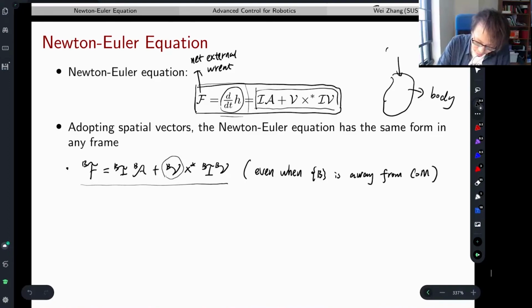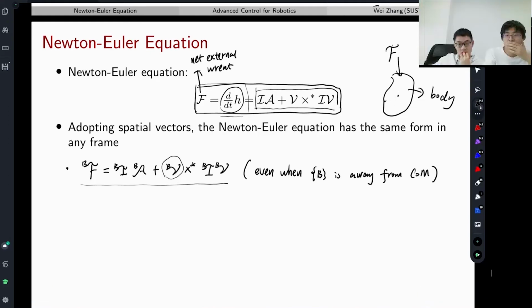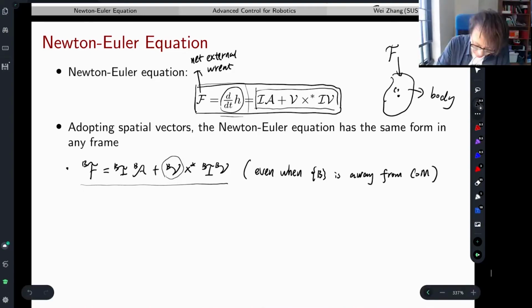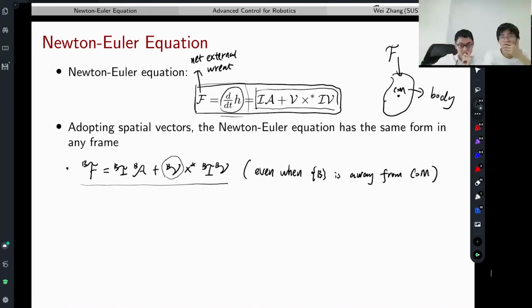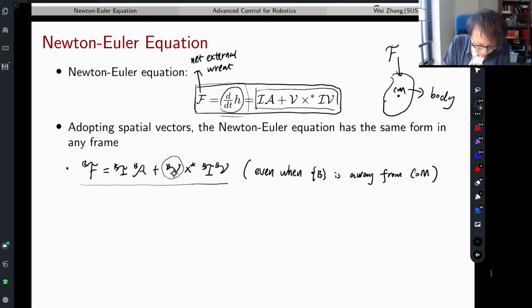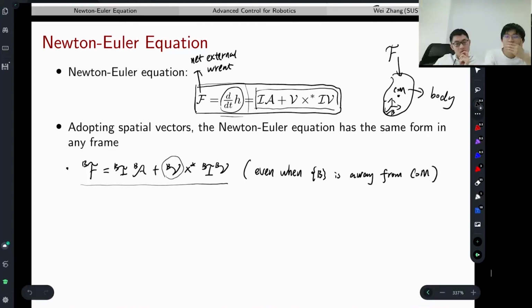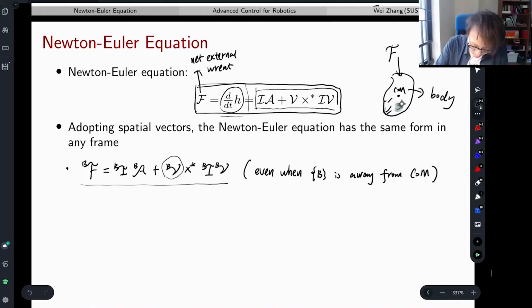And there's a force, the external wrench, right? And here is the center of mass. So this is the velocity of the body, or of frame B. Let's even make it more interesting.